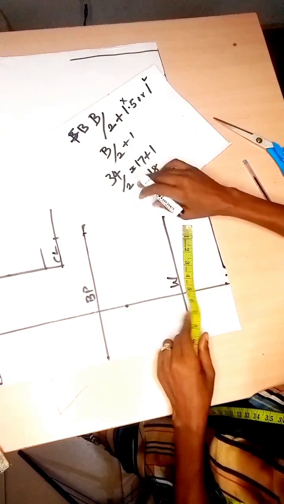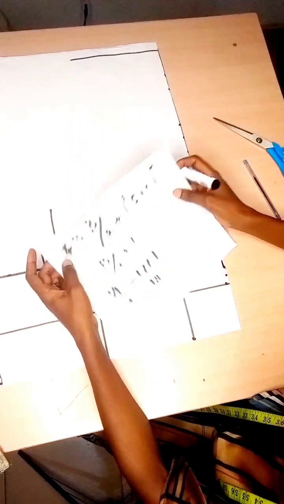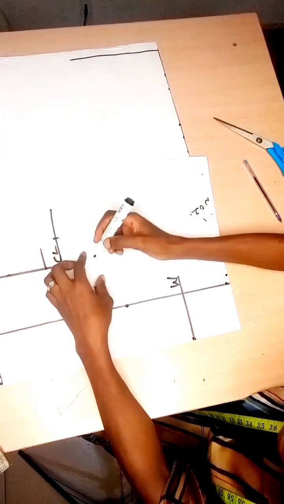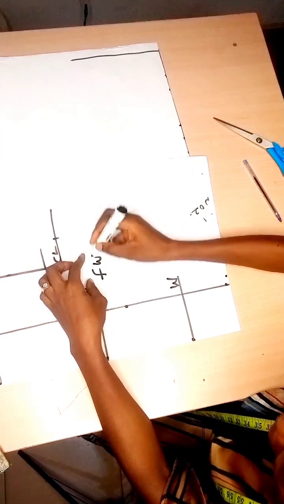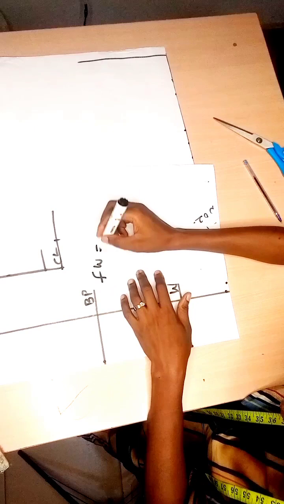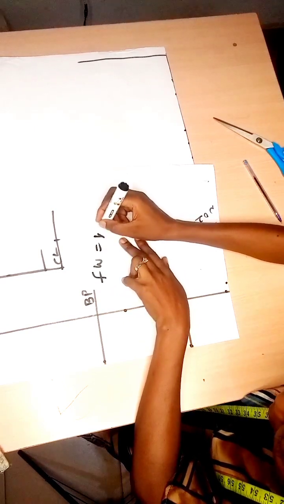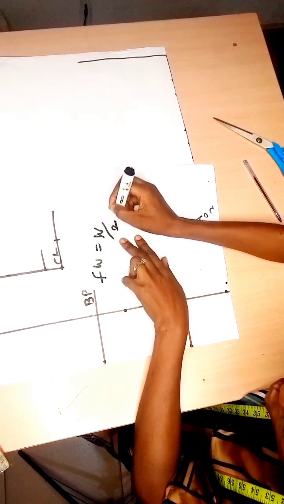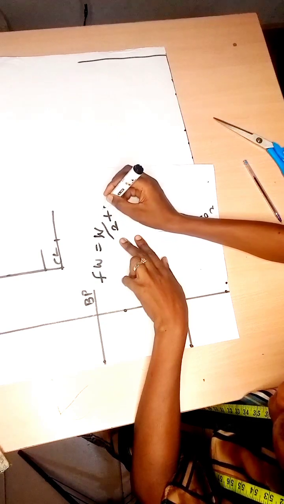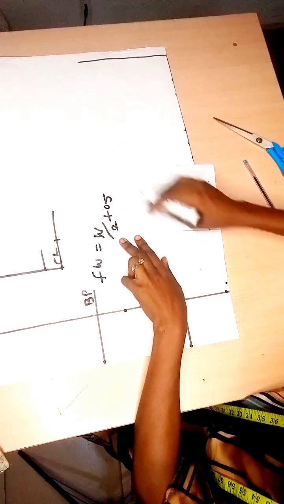Now on our waist measurement, we shall be repeating the same process. We say our front waist FW is equal to waist divided by 2 plus 0.5.